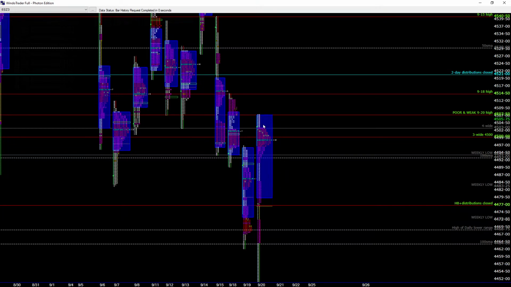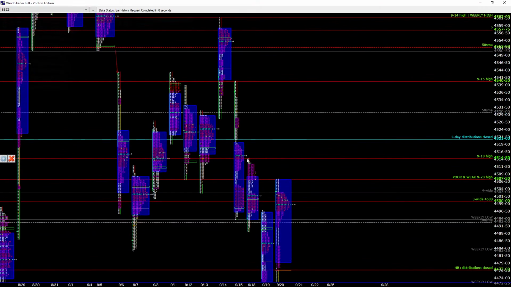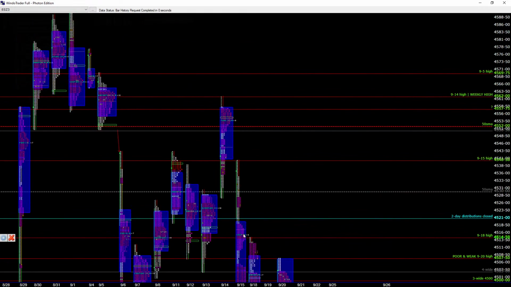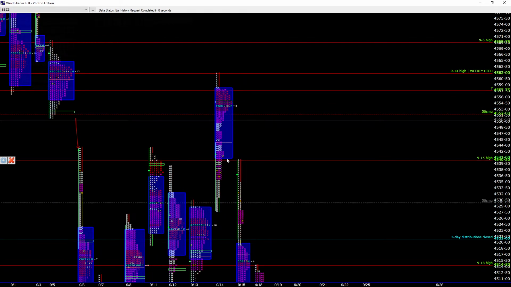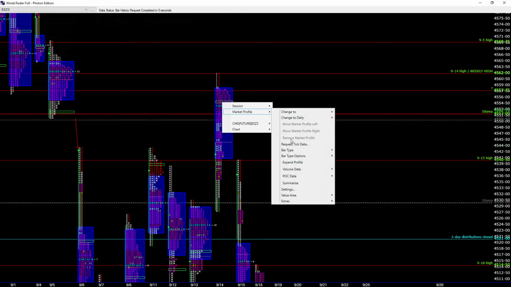Poor and weak, because this also was an overnight high. High made, or market sold from POC, previous day POC. And this high also, it's not that obvious, but this high was also sold from the value area low of this absolutely crazy day here.